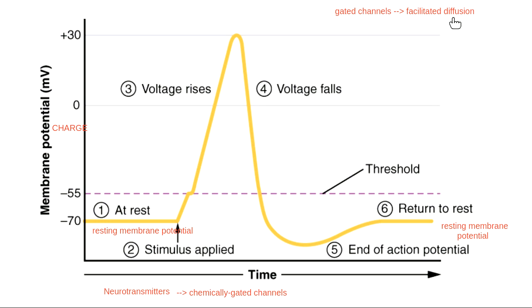So in particular, the type of channels that get activated by these neurotransmitters, when we're looking at this graph, are chemically gated sodium channels. I abbreviated there, so infer with me.